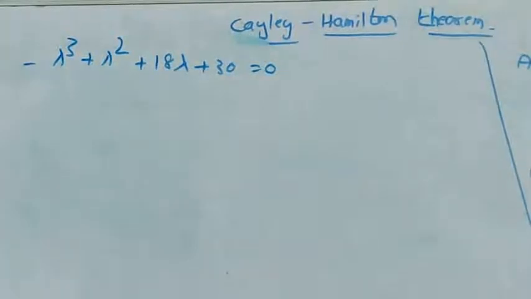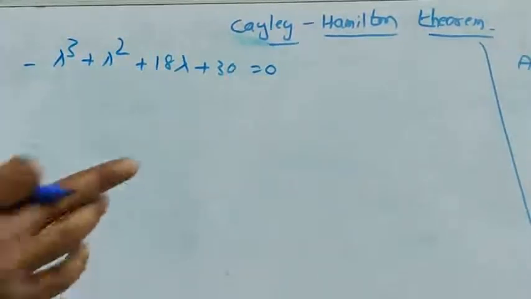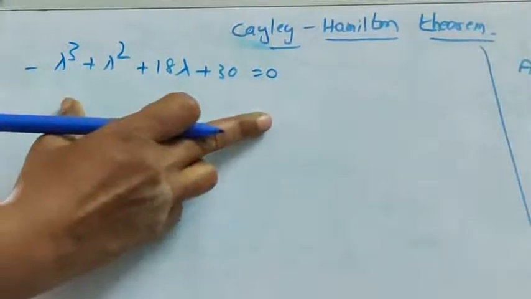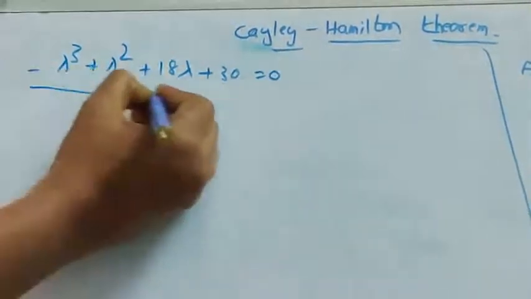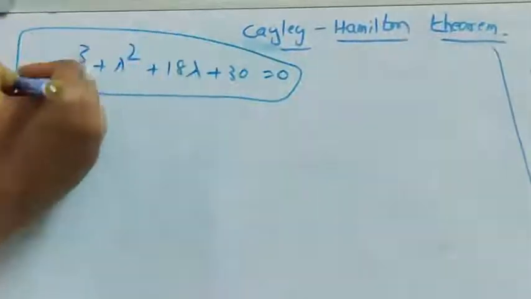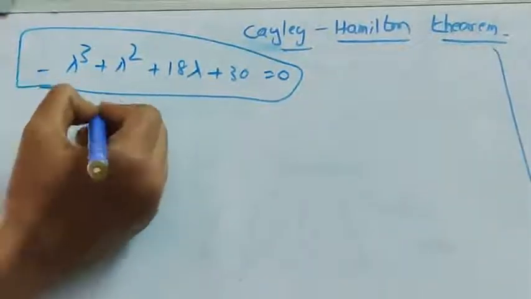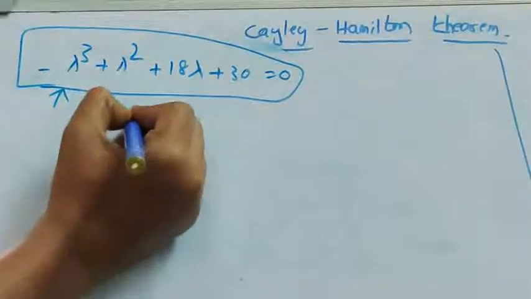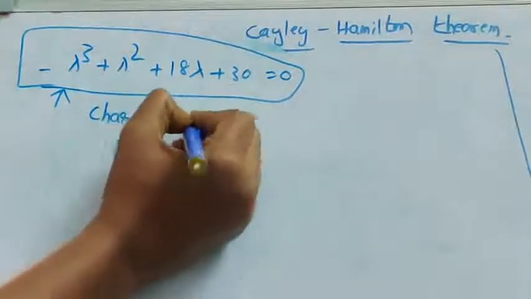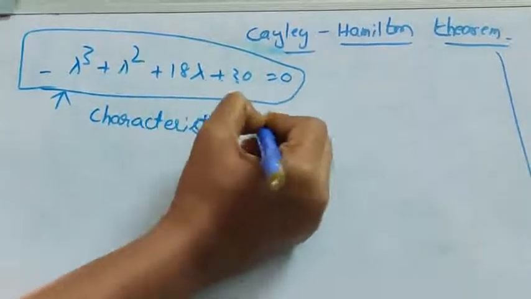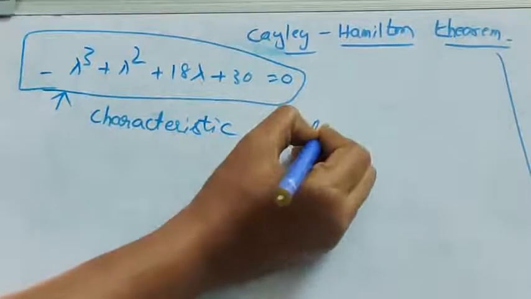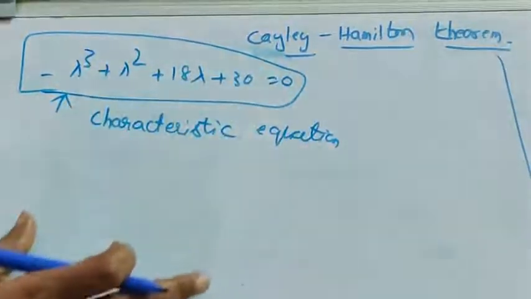This is nothing but the characteristic equation of the given matrix. So by applying the characteristic equation, we got these terms.